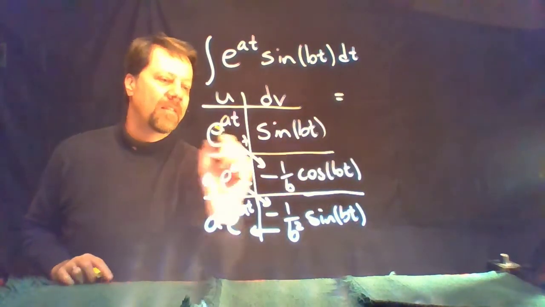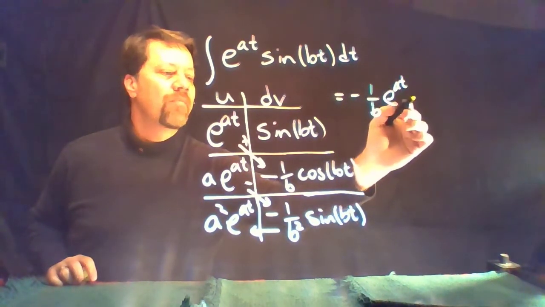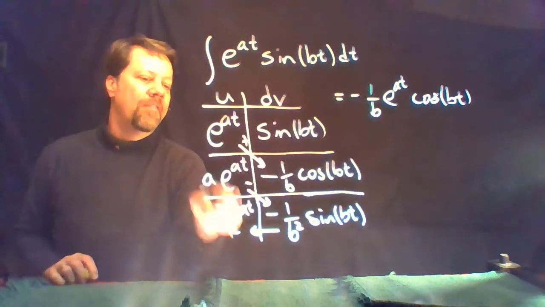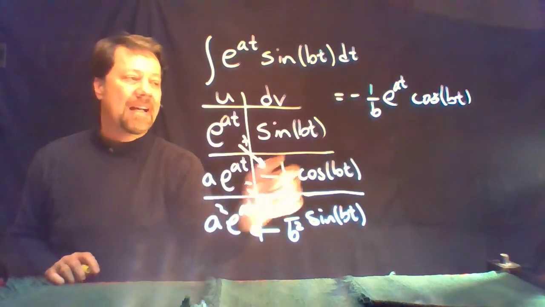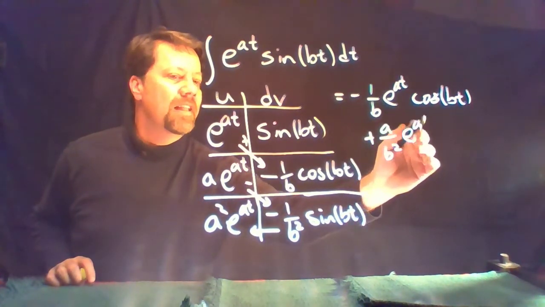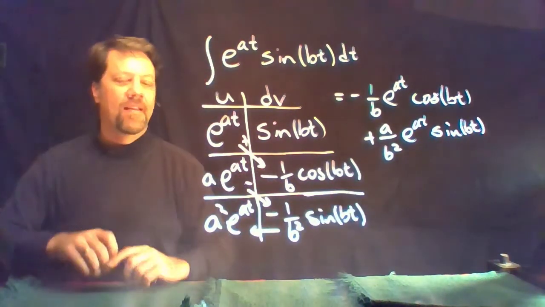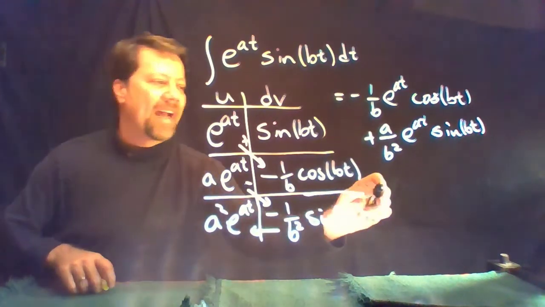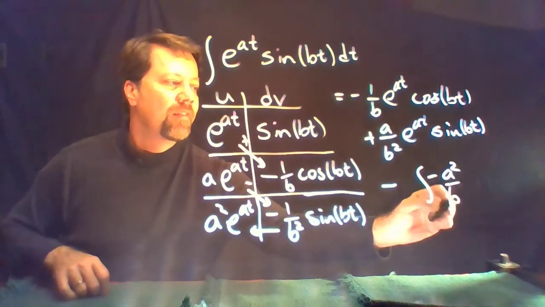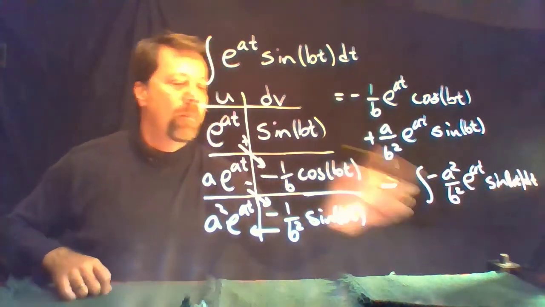That gives us negative 1 over b e to the at cosine of bt, followed by a negative negative makes positive, a over b squared e to the at sine of bt, and then we subtract the integral of the product, which is negative, but there's one more thing.